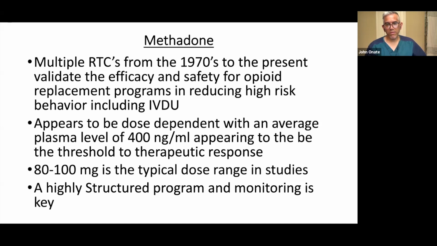We have nearly 50 years of data on its use. The problem with methadone, I think, is that especially with an older population, there's a degree of cardiotoxicity. You really have to monitor these patients for QTc prolongation.